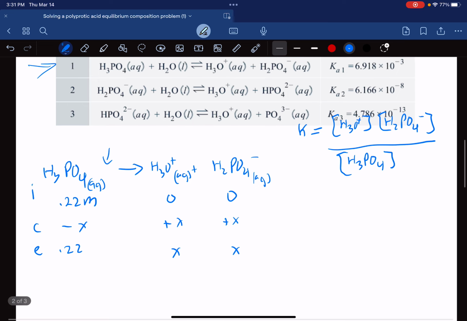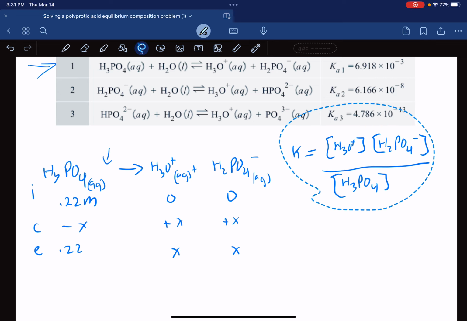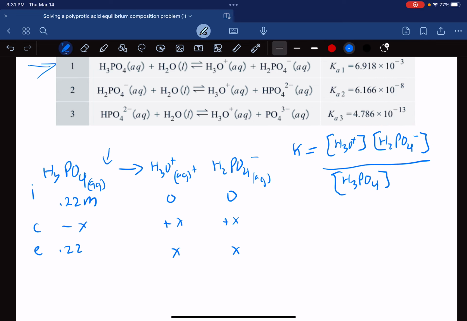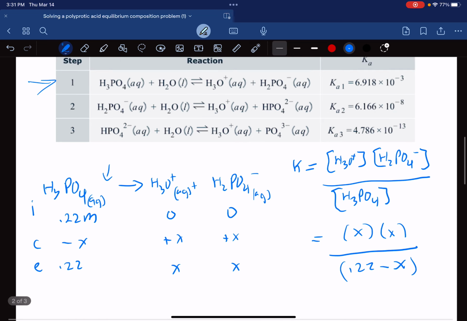We would think that if we plug it back into this equation right here, we'd be home free because that looks an awful lot like our typical dead frog expression. x and x go into here, and then on the bottom we have 0.22 minus x, and that's all equal to this value right here, 6.9 times 10 to the negative 3.